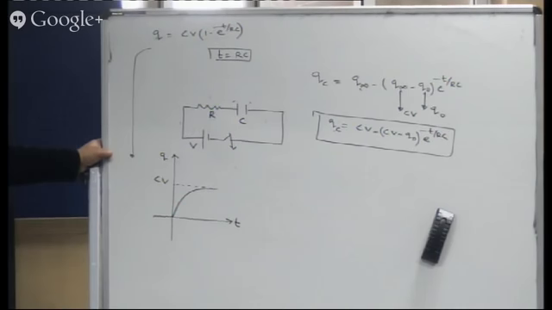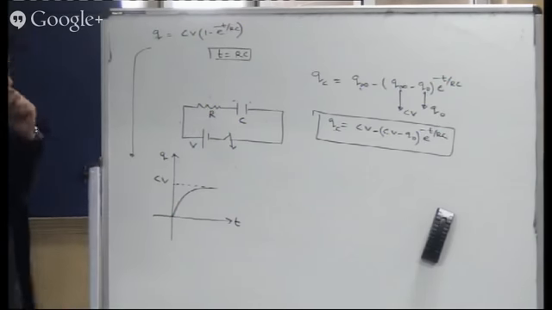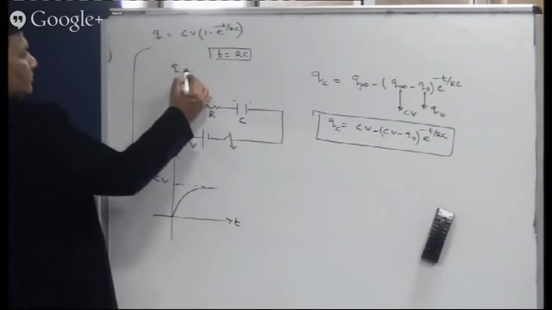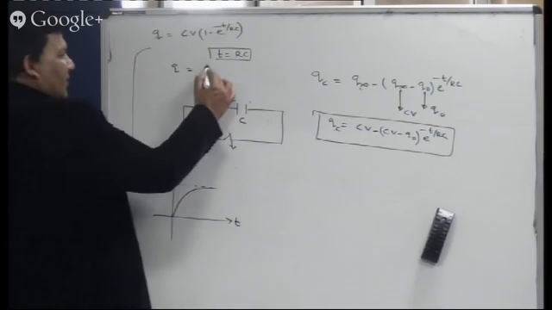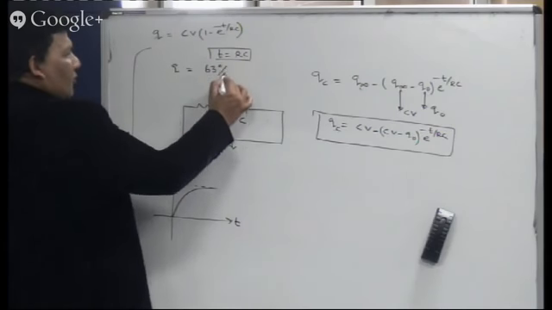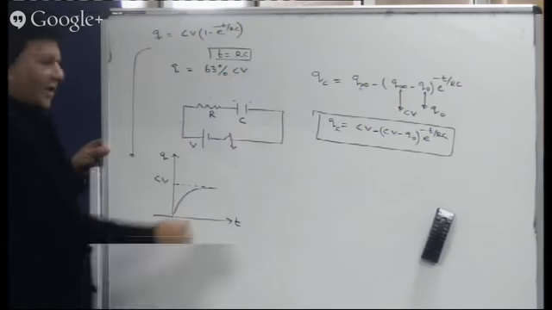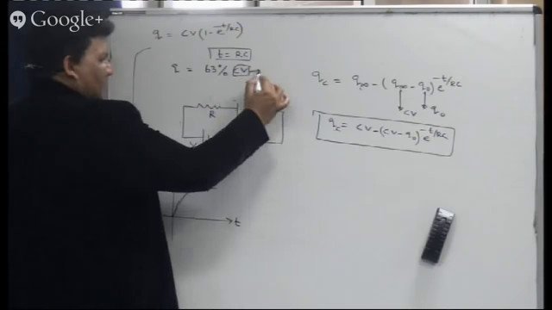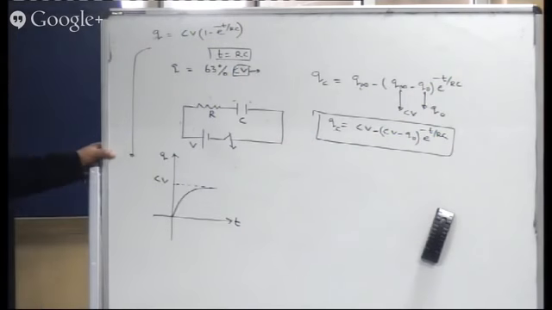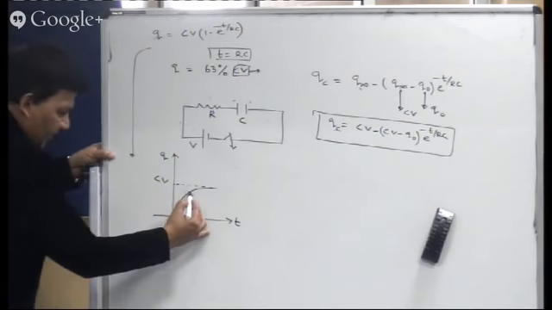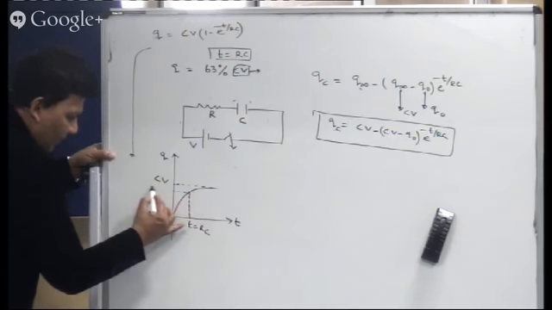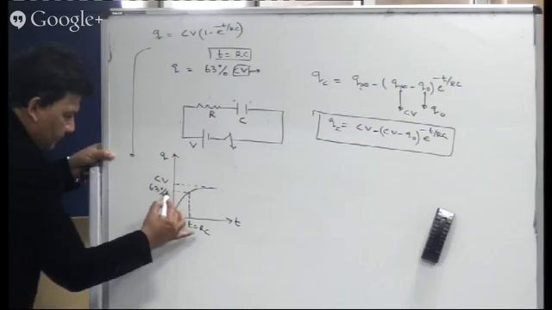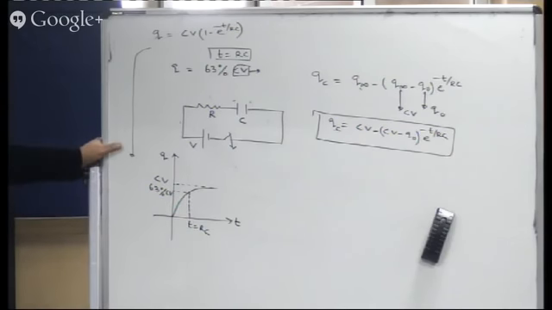What is the value coming out? 63% of CV, the maximum charge it can actually store. That means if this time is RC, then this value is 0.63 CV, right?